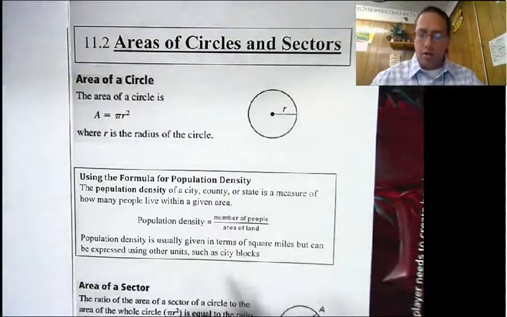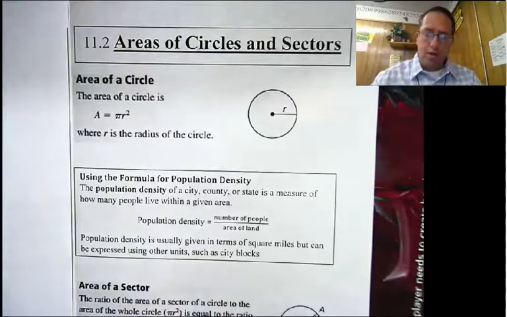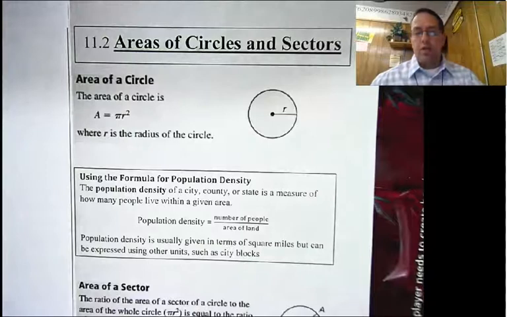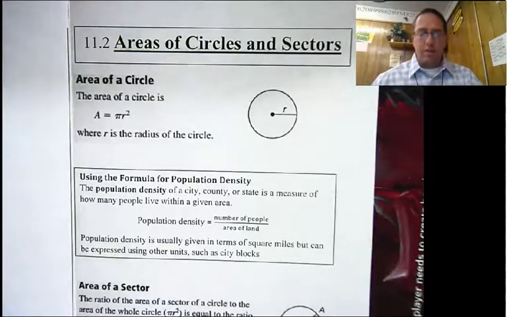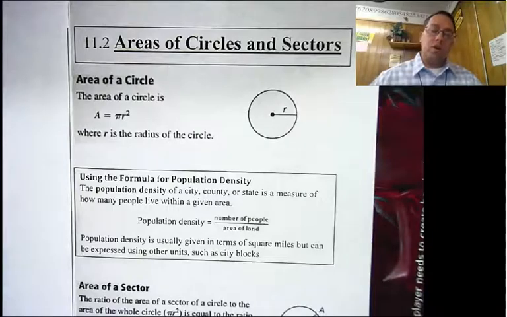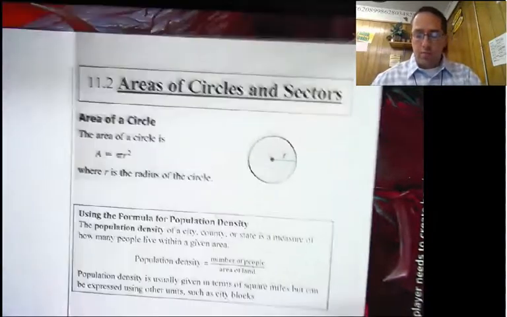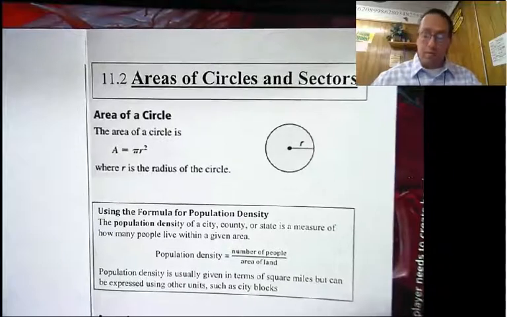So using the formula for population density. Right? Population density, this is how crowded are people into an area. Are they very, very densely packed like in New York, or are they very spread out like in Montana? Some places have lots of people, some places have little people.